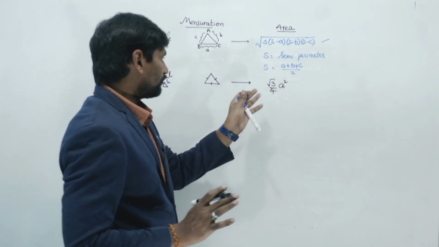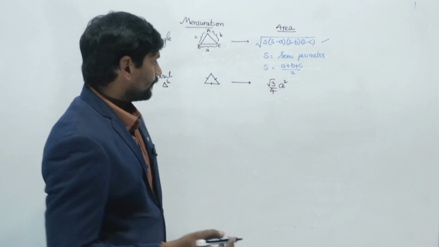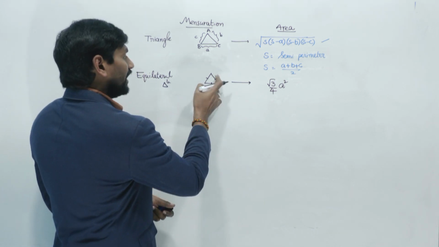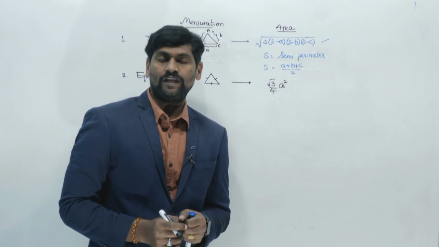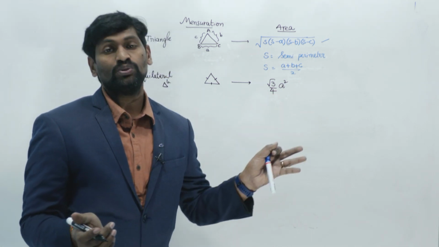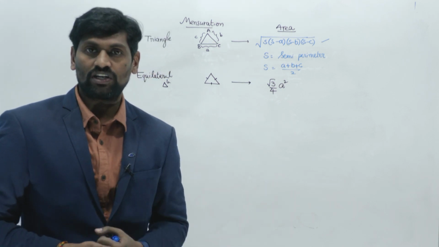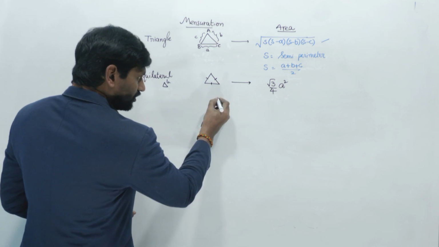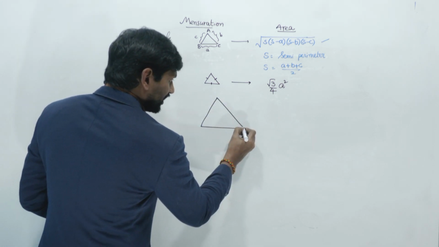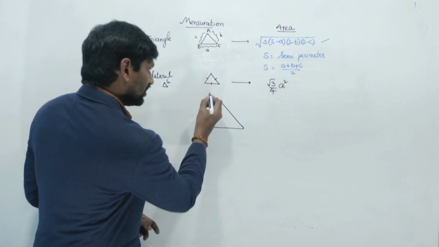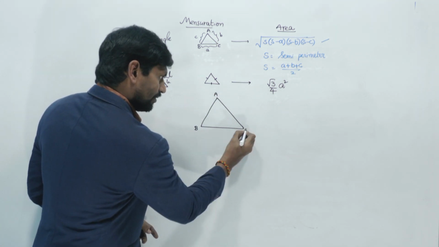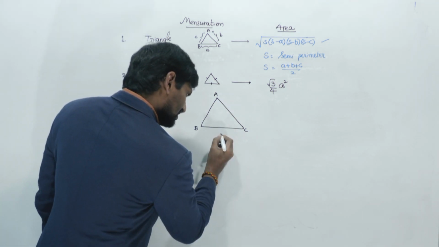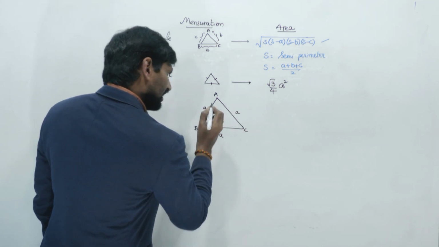Now let us see how the formula root 3 by 4 a square is obtained. If you want to take the proof, all sides are equal, so we consider each side as small a, and we should use the altitude for finding its area, again using the formula half base into height. Let us derive how the equilateral triangle area came. I am taking a triangle ABC, and all sides are equal to a.